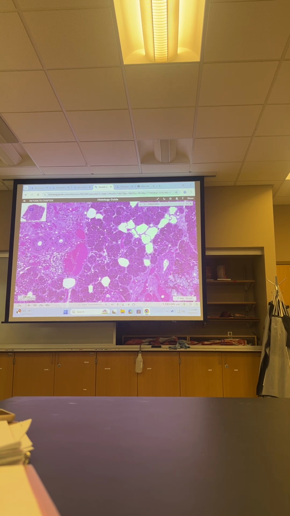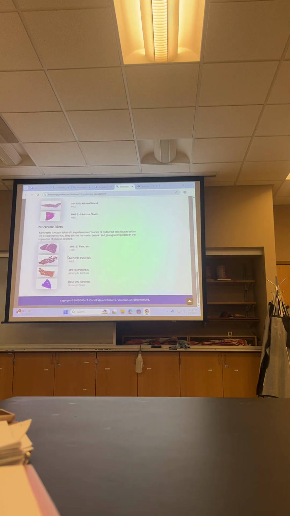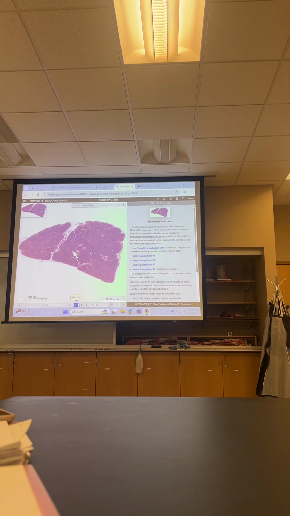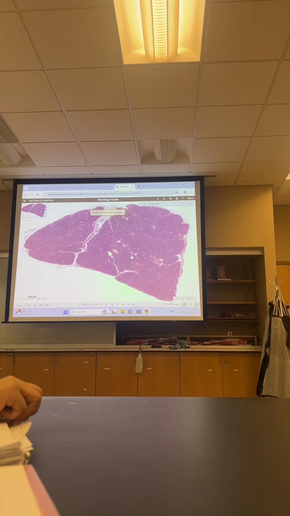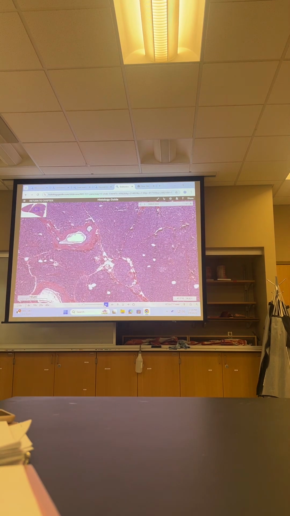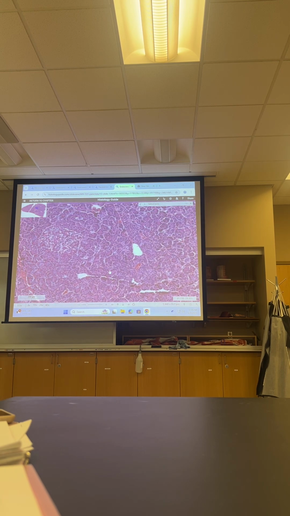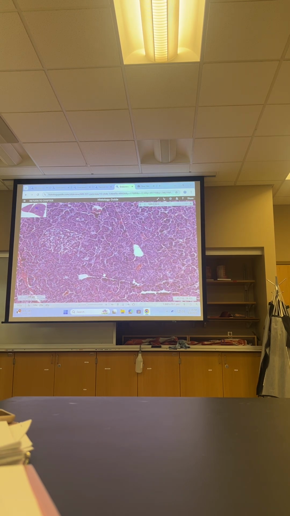Pancreas should be a review from 241 because you looked at this for endocrine, but it's also a digestive organ. So as far as the digestive structures, the acinar cells are all in the darker region.